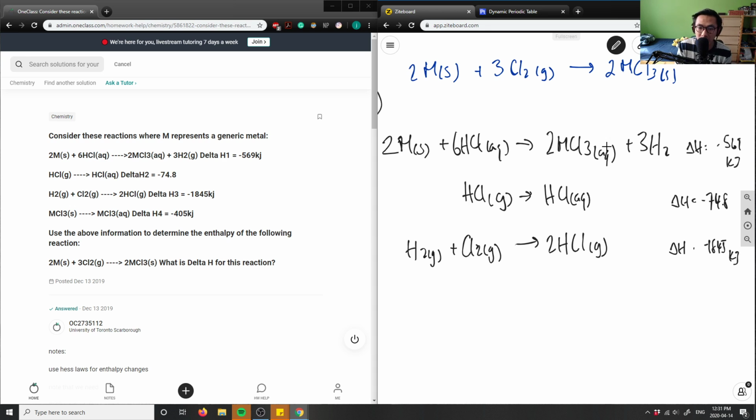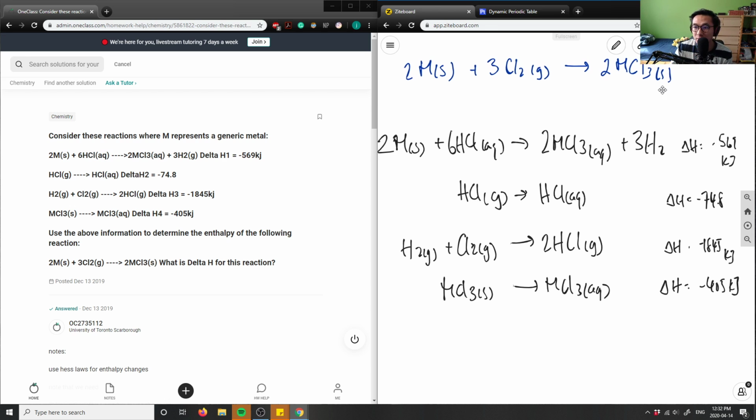And we have finally MCl3 solid yields MCl3 aqueous, and this is delta H equals negative 405 kilojoules. Okay, so we have all of these things written out here for us.